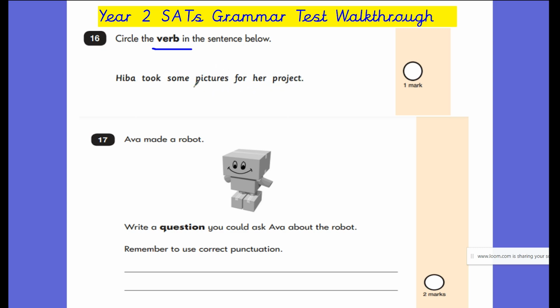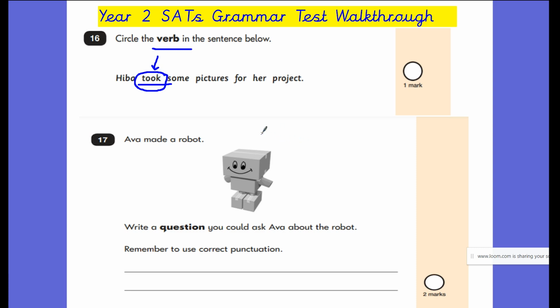Children might get confused and think "pictures" is a doing word because it's something you do, you take pictures, but "pictures" itself is not actually the verb. It's "took" here. So "took" is the verb that they should circle in this question to get the answer correct. Okay, question 17. I quite like this question.